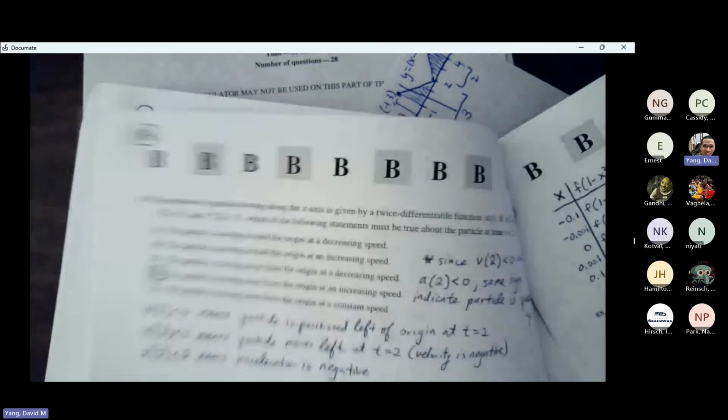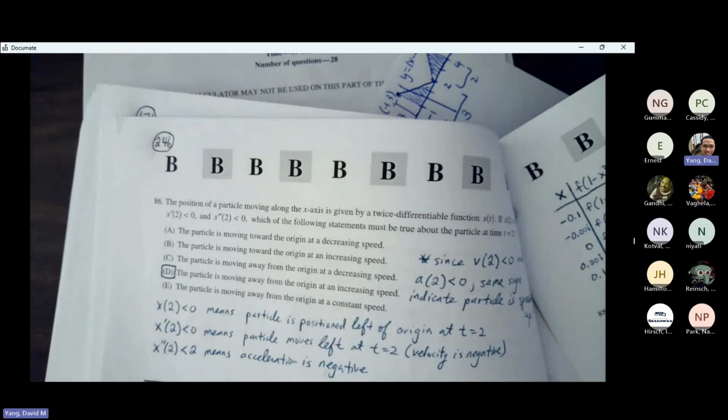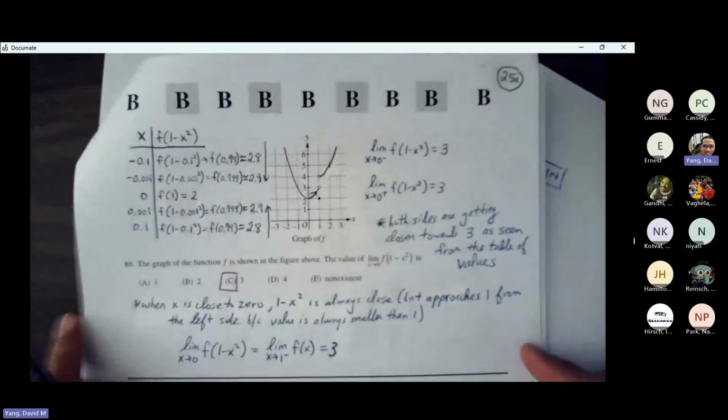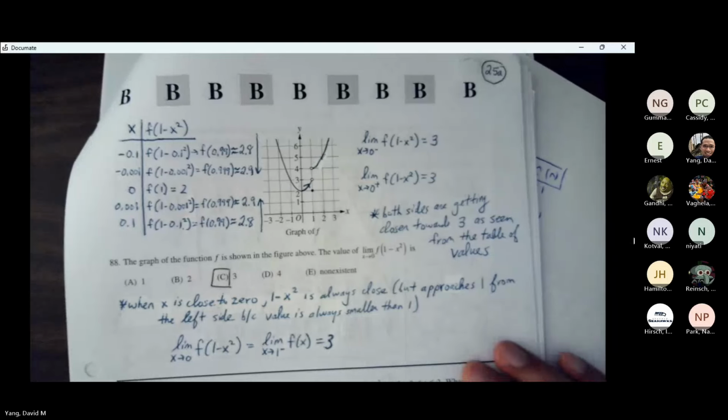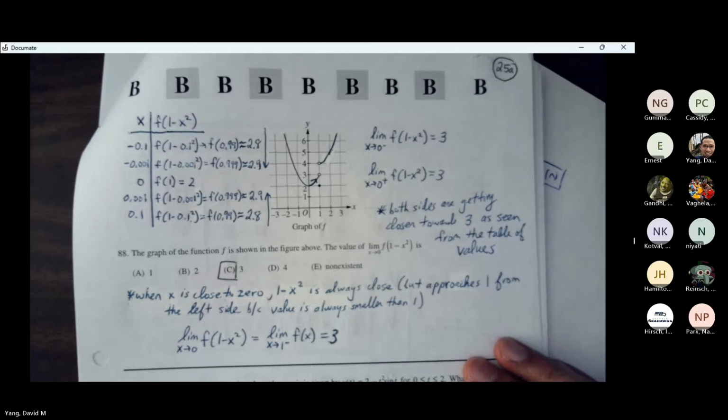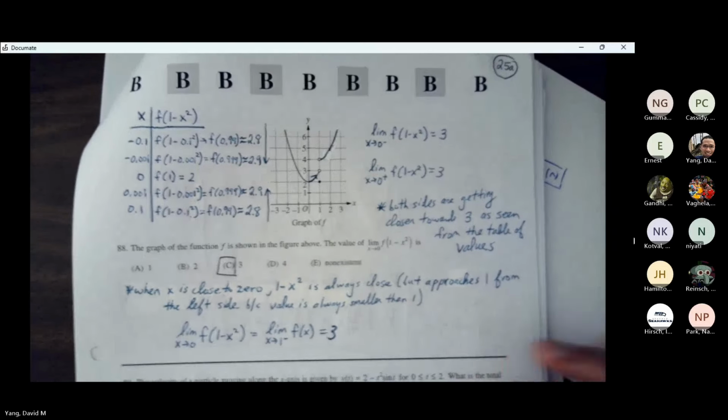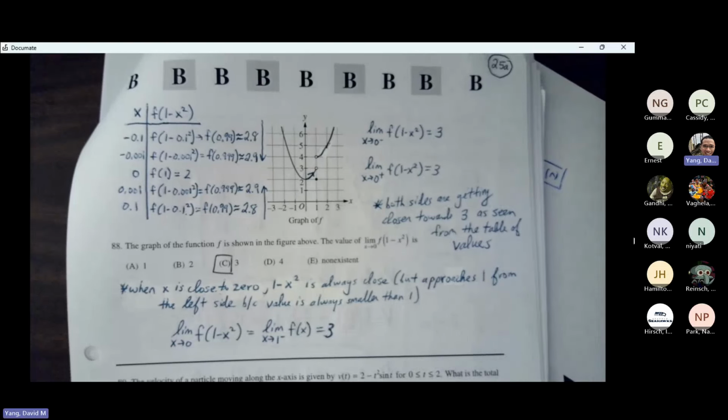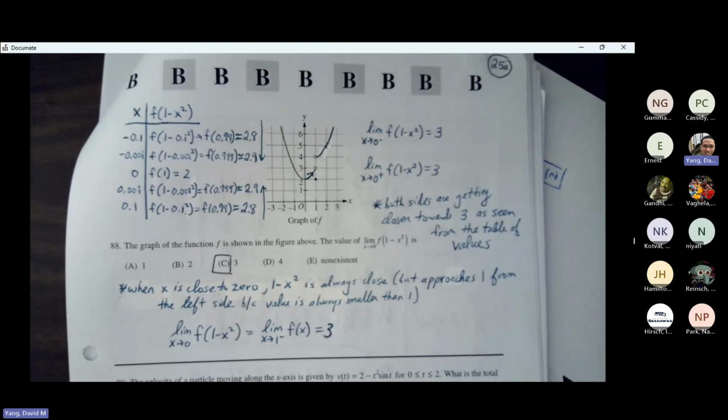Everything seems pretty manageable. Oh, did you guys look at 88, page 25 here? This one was stumping me because it didn't quite make sense initially.